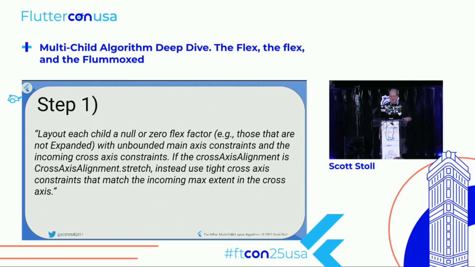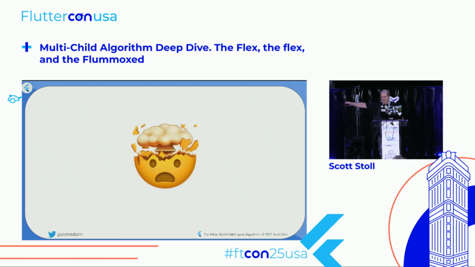If the cross-axis constraint is crossAxisAlignment.stretch, instead use tight cross-axis constraints that match the incoming max extent of the cross-axis. What?